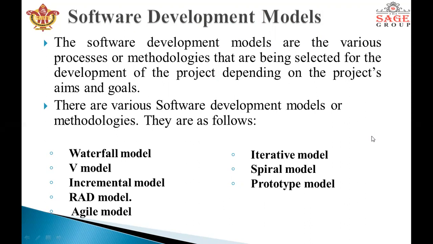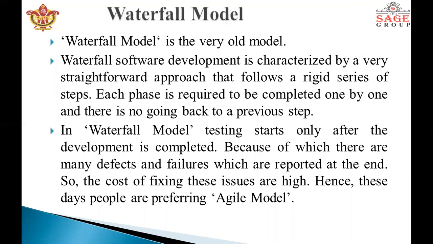Here you can see the various software development models: waterfall model, V model, incremental model, RAD model, agile model, iterative model, spiral model, prototype model. So many types of models are available nowadays. Let's start to study our first model, the waterfall model.